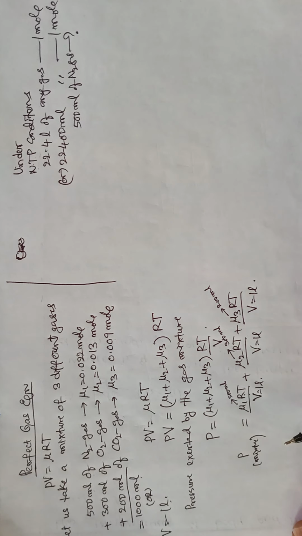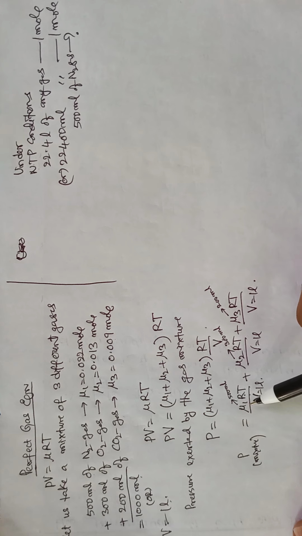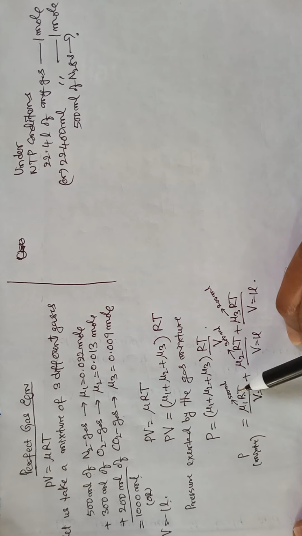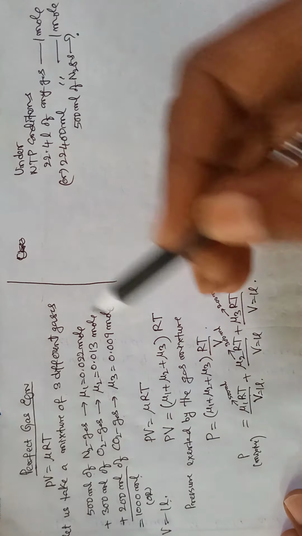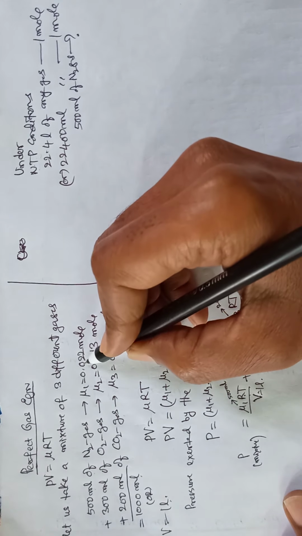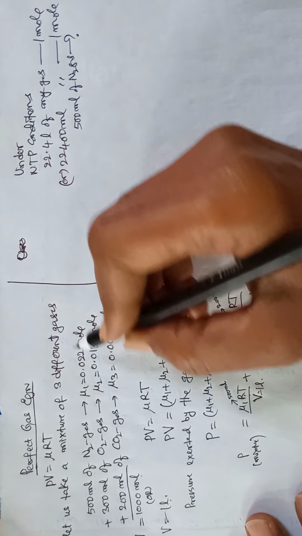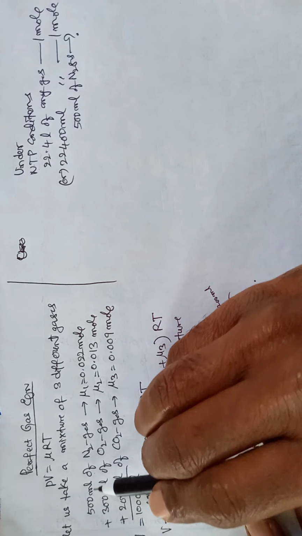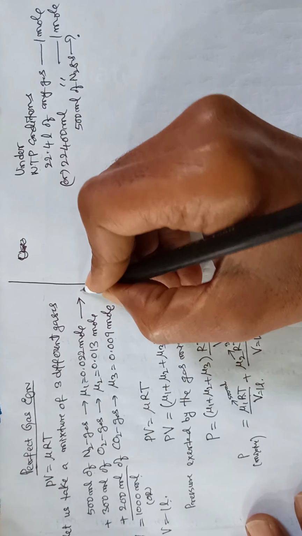If you are going to calculate the pressure exerted by nitrogen gas, but you are taking 1 liter volume, what you have to do is, as you are allowed to take only mu1 moles of nitrogen gas, only 0.022 moles of nitrogen gas, you transfer the same amount of 500 ml of nitrogen gas into the manometer.